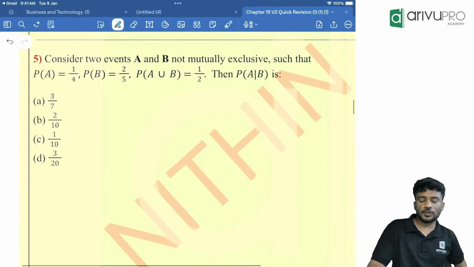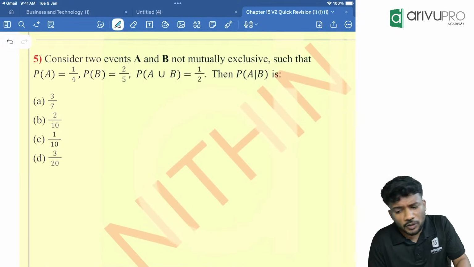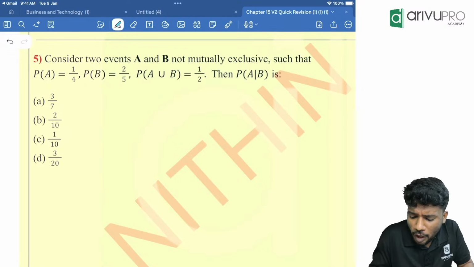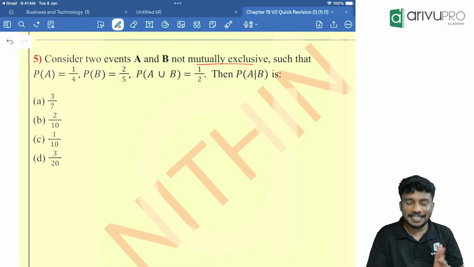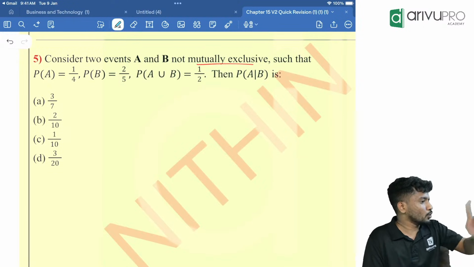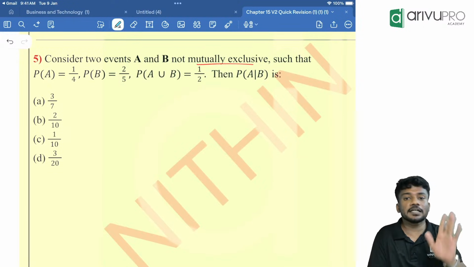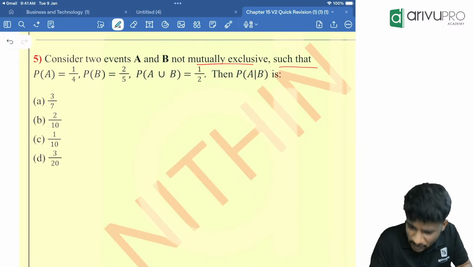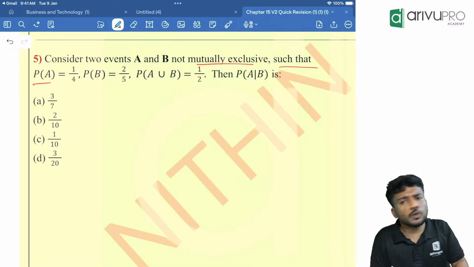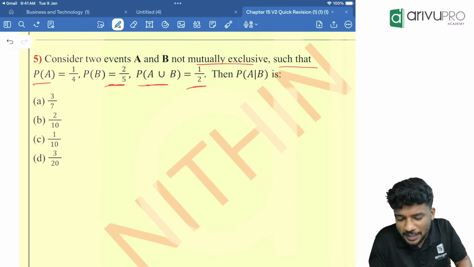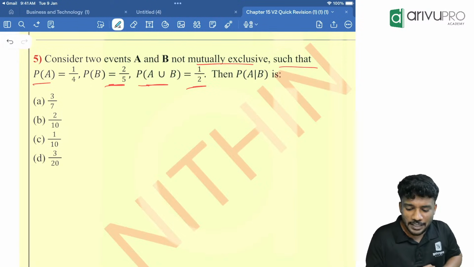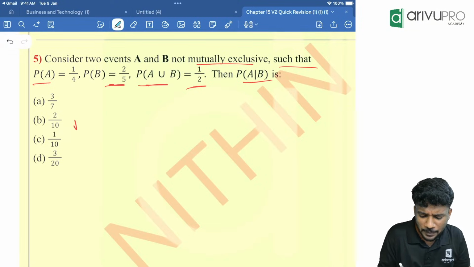Have a look at this first question. Consider two events, A and B, not mutually exclusive. Not mutually exclusive means what? Their intersection value is not equal to 0. They are just telling that right away to us. Then, such that P of A is equal to 1 by 4. P of B is equal to 2 by 5. P of A union B is equal to what? 1 by 2. Then what is P of A given B?